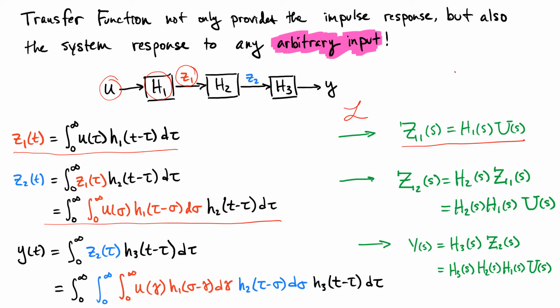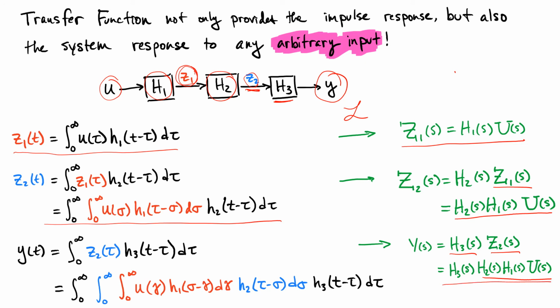And so that's what this is. Now, if we wanted to figure out what z2 is, that's simply the product of the Laplace transform of z1 and the transfer function h2. And so we just plug in what z1 is, and now we get this expanded form. And similarly, if we wanted to find y, it would simply be the product of the input Laplace transform z2 and this transfer function h3, again substituting in for z2, that's this bit, then that gives us this entire result.